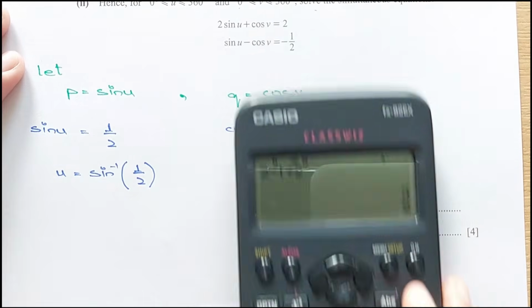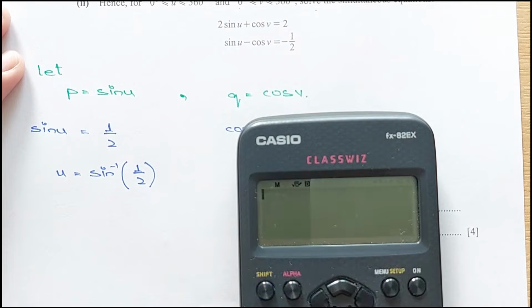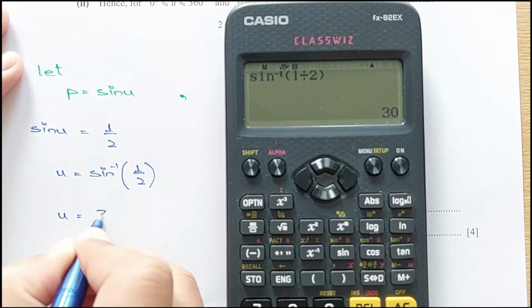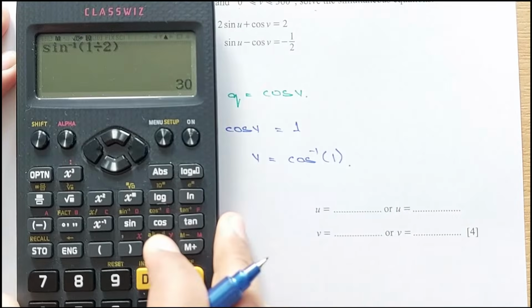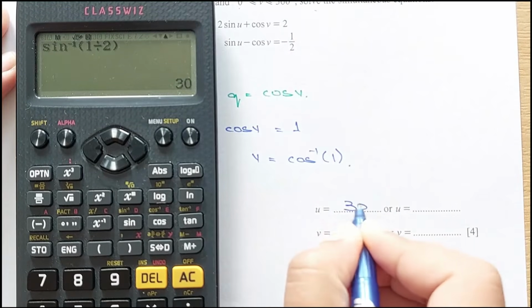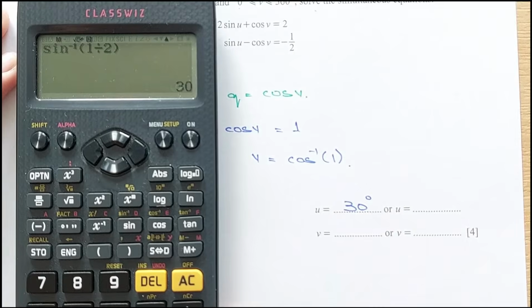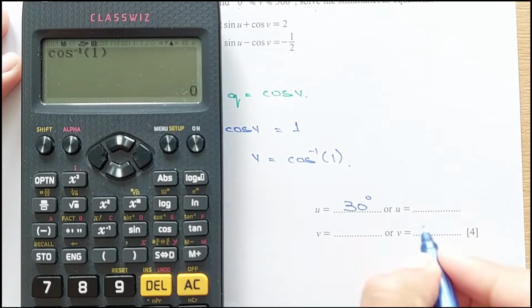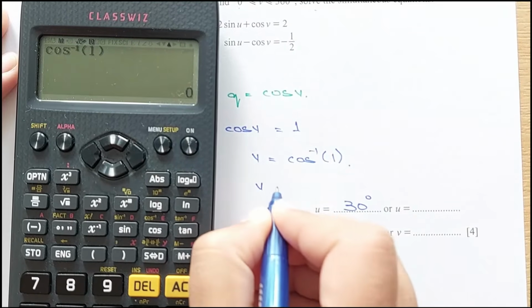Keep the calculator in degrees. Sine inverse of 1 by 2 is 30 degrees, so u equals 30 degrees. And cos inverse of 1 is 0 degrees, so v equals 0.